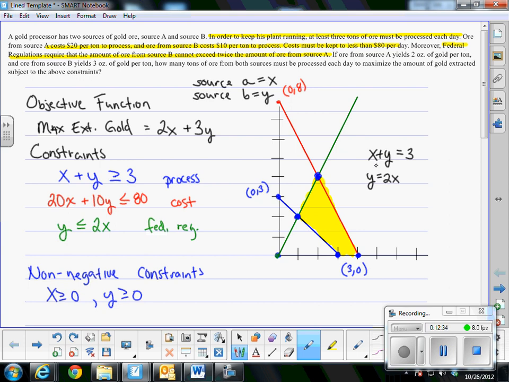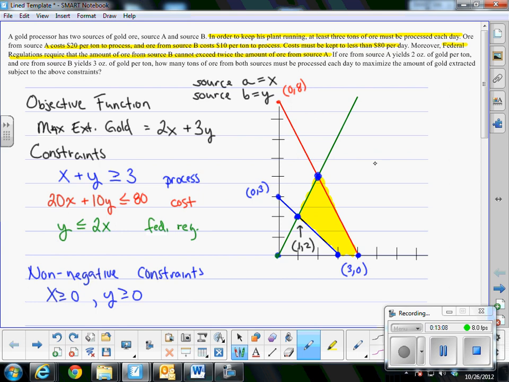If y is equal to 2x, I'll say x plus 2x, replacing that y with 2x, equals 3. So 3x is equal to 3, so x is 1. When I plug that in here, I get y equal to 2. So this point right here is (1, 2).